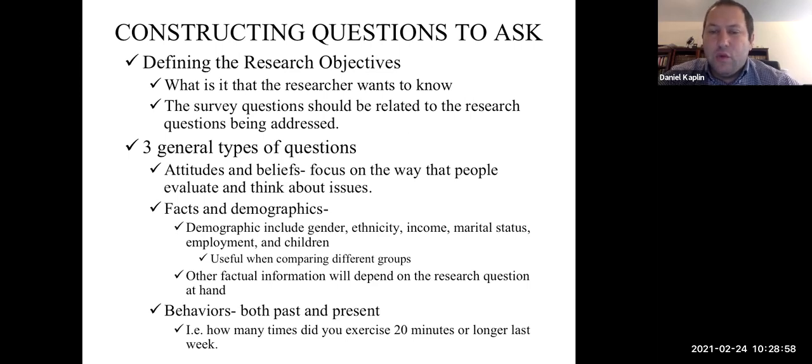Now, let's say you weren't interested in your research about gender, ethnicity, or marital status, or any of these things. So you might say to yourself, well, I don't need a demographics questionnaire, do I? And the answer to that question is you still need one. Why do you need one? Because in the methods section, you are going to have to describe a profile of your participants.